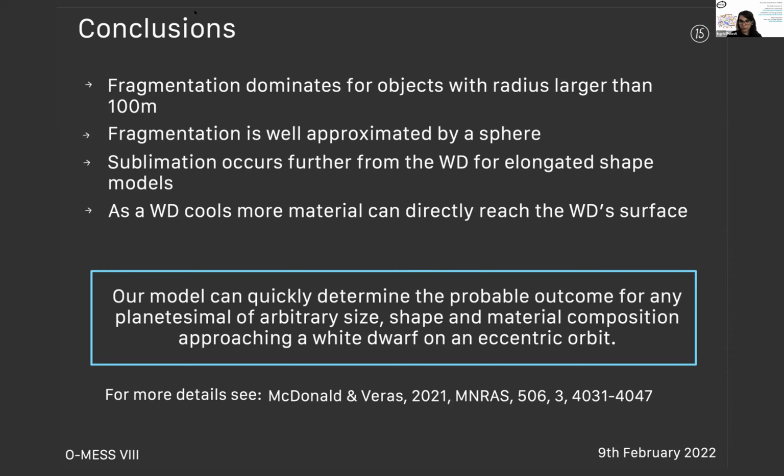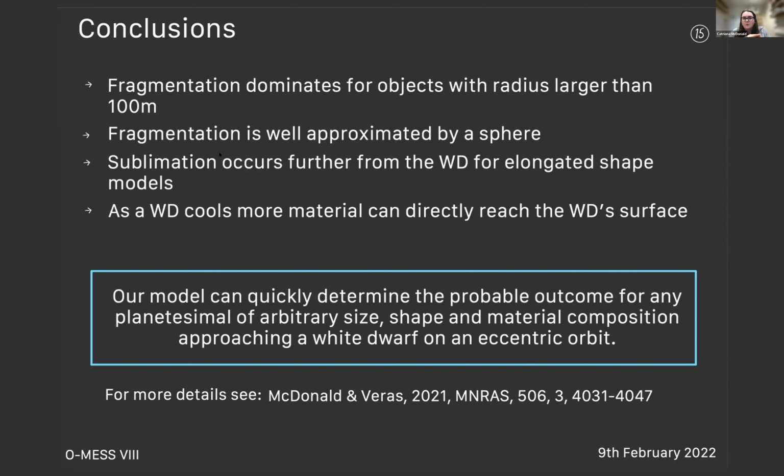Okay, we have a question in the chat from Uri Malamud. Could you outline perhaps how this relates to fragments which do not move directly towards the white dwarf? Yes. In terms of this model, assuming that the object has a pericenter inside the white dwarf, we can consider that it's effectively moving on a straight line. It doesn't necessarily change too much if you change that assumption, because the moment when the asteroid is approaching the white dwarf from any sort of orbit, assuming it's an eccentric orbit, you can assume that that body is effectively on a linear orbit.